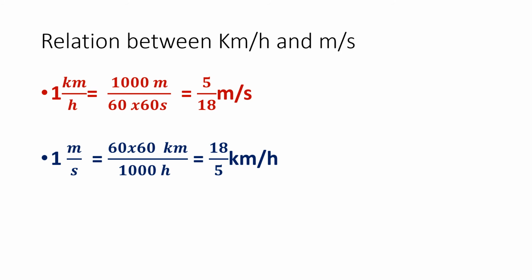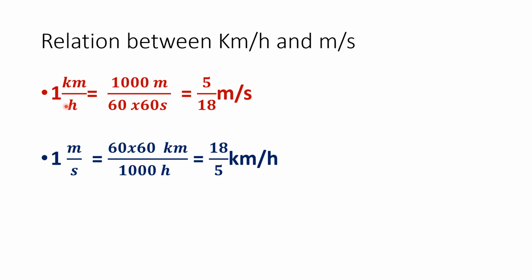So we come to the relationship between kilometer per hour and meter per second. So if you have 1 kilometer per hour, what is a kilometer? It is 1000 meter. And 1 hour has 60 minutes, and 1 minute has 60 seconds.